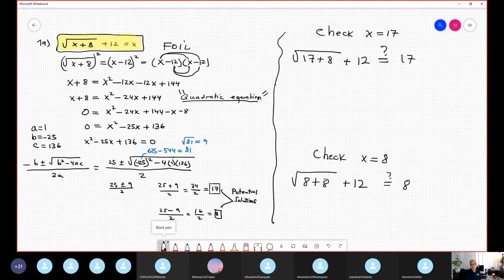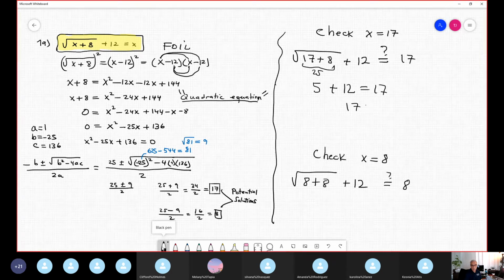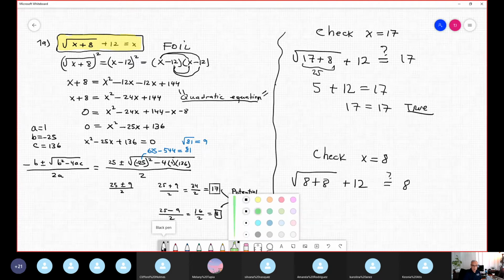Okay, it's the x value. 17 plus 8 is 25. The square root of 25 is 5. And 5 plus 12 is 17. Of course, it's true. The correct word is true statement. If it's a true statement, that means the solution 17 is valid.